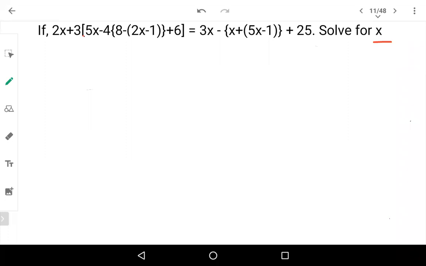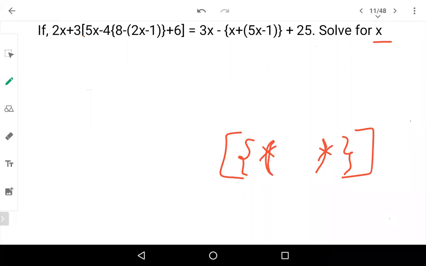So when you have brackets like this, if you observe, you have the box brackets and then you have the flower brackets and then you have the normal brackets. Correct? So first we will be removing brackets from inside. So this normal brackets will be first removed. How do I remove?